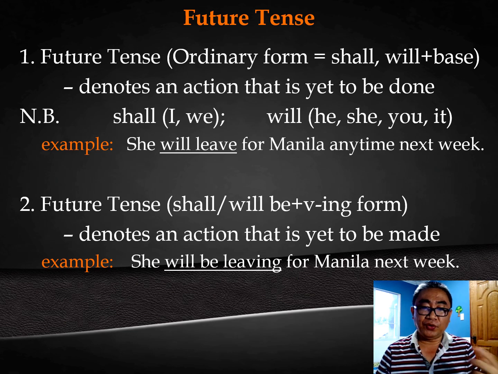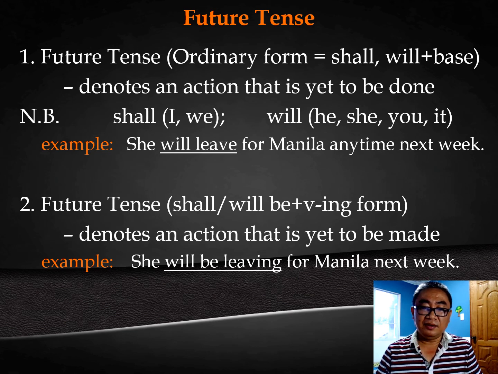So to form the future simple tense, use the base form of the verb and add will or shall before it. For example, other than the example on screen, I will eat dinner tonight. So that's an example of a future tense ordinary form.